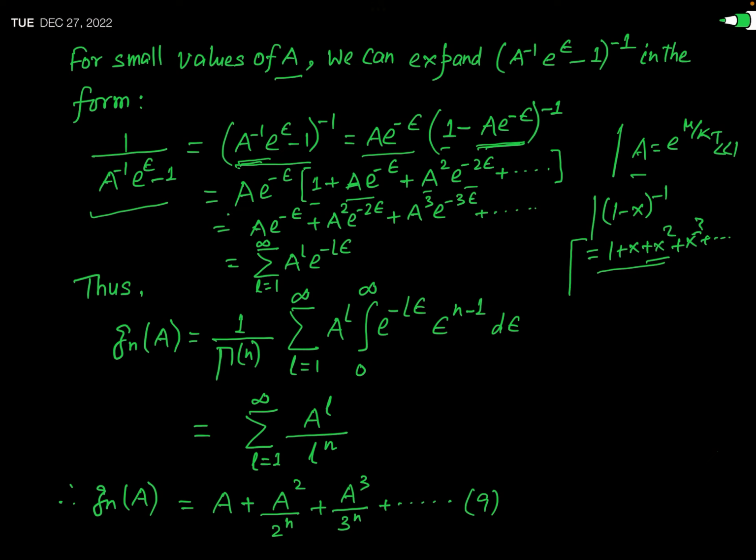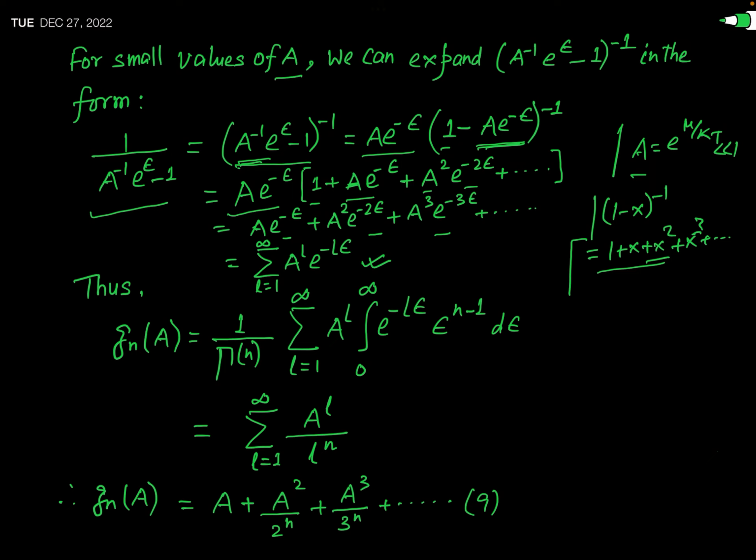So when you multiply the terms inside the bracket by this a e to the power minus epsilon, your result will be a e to the power minus epsilon plus a square e to the power minus 2 epsilon plus a cube e to the power minus 3 epsilon, and so on. And this can be written in compact form like this: summation over L from 1 to infinity, a to the power L times e to the power minus L epsilon.